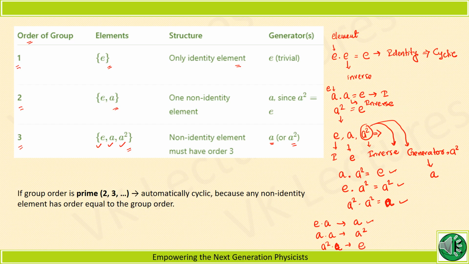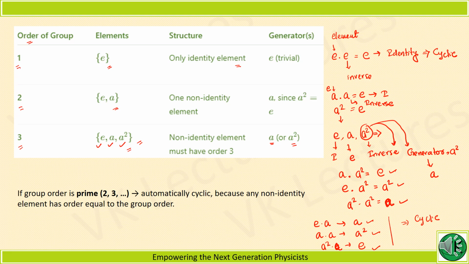So you have a square and e. You got all the three elements in the group using a. So this is how you mention it as cyclic. So a is also a generator, a square is also a generator for the elements present in a group of order 3.